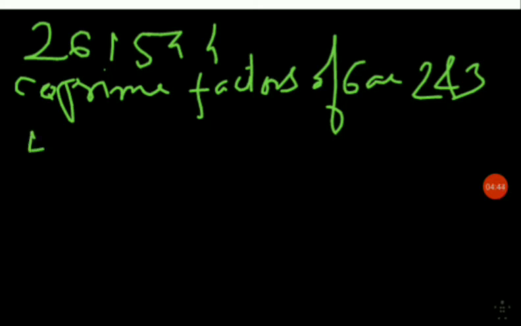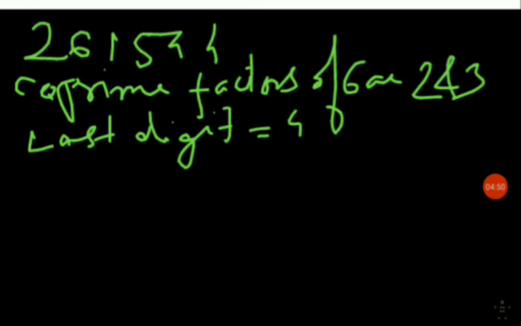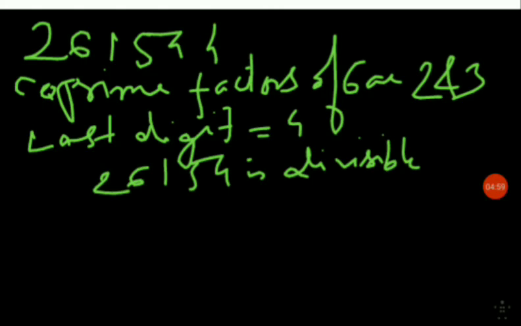So by the divisibility rule of 2, the last digit is 4. So that means the given number is divisible by 2. 261454 is divisible by 2. Next, we have tested by 2, now we will check by 3.